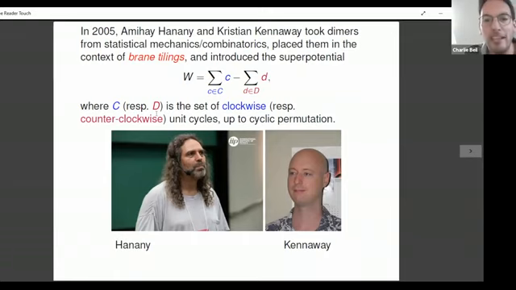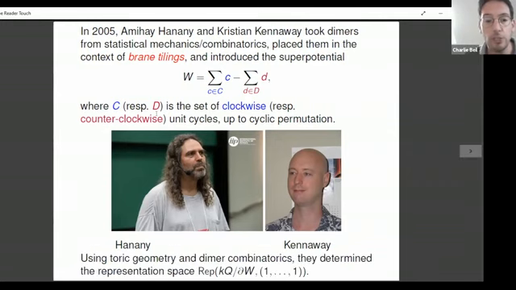So Amihay Hanany and Christian Kennaway took dimers from statistical mechanics and combinatorics and placed them in the context of brane tilings and introduced a superpotential that's shown here. It's the sum of the clockwise unit cycles minus the sum of the counterclockwise unit cycles, up to cyclic permutation. Here's a picture of Amihay Hanany and Christian Kennaway. They used toric geometry and dimer combinatorics that we'll get to later called perfect matchings.